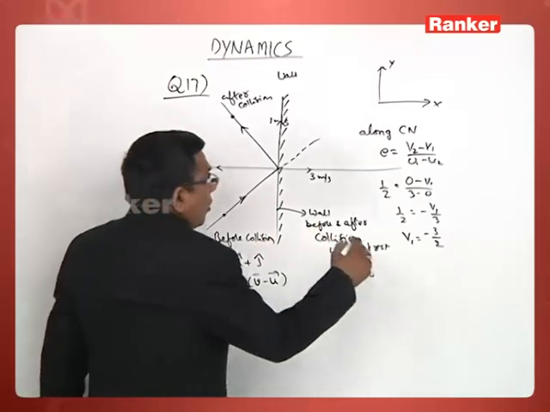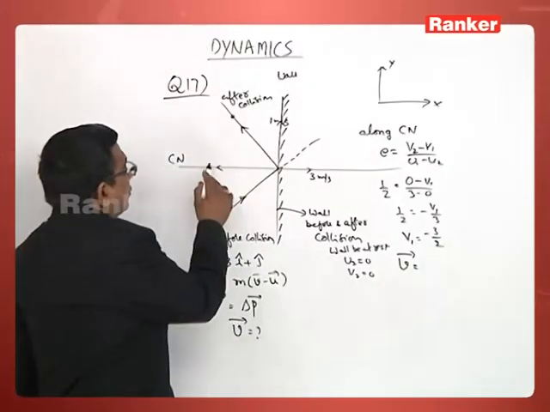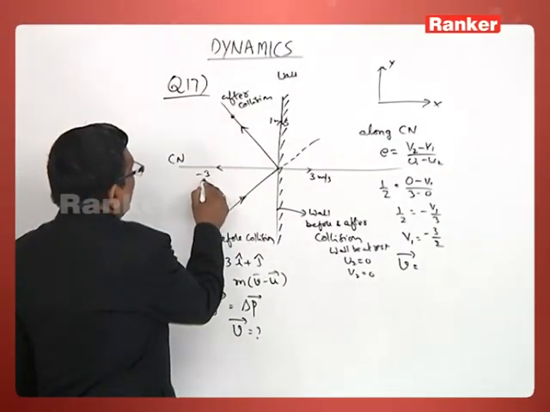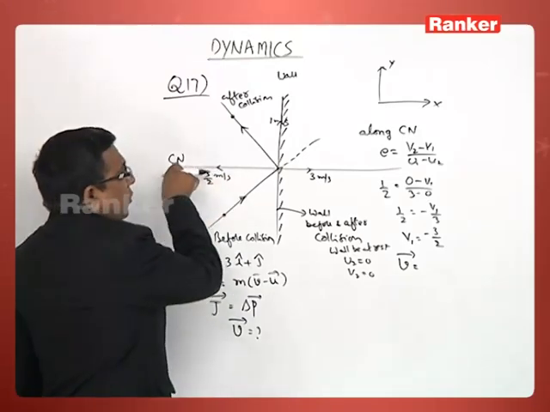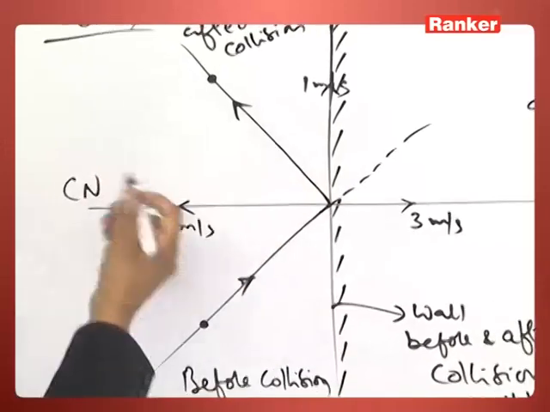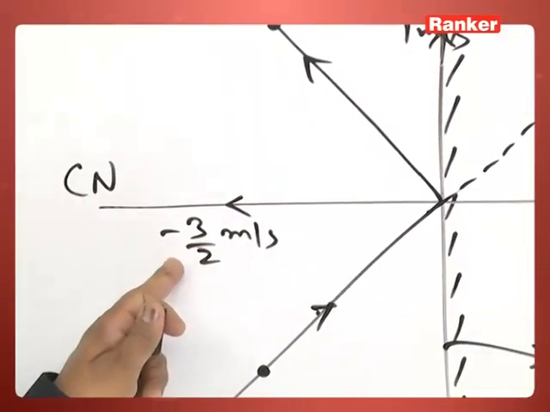With this, how do you write the velocity of the ball after collision? v bar is equal to the x component, which you are going to get as minus 3 by 2 meter per second. As before collision it is moving towards the wall, after collision it is moving away from the wall. Minus indicates it is moving away from the wall.